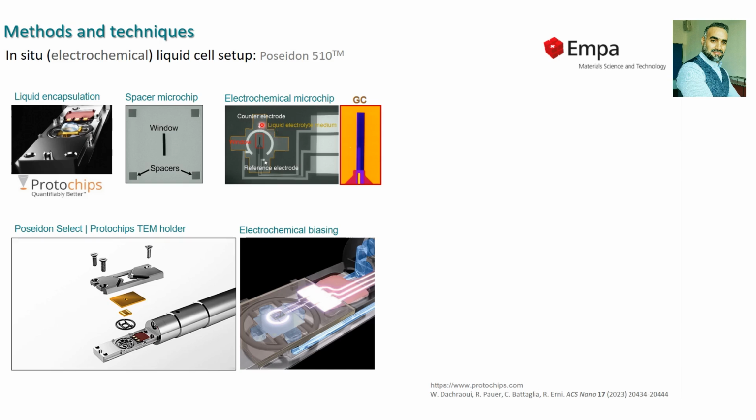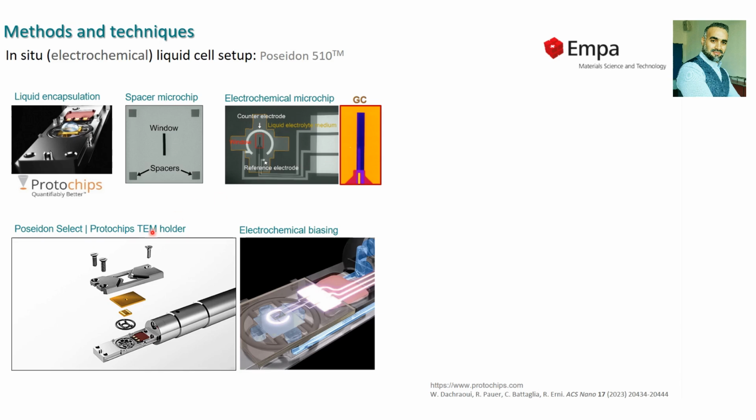Here we can see the counter electrode and the reference electrode, and the working electrode is in the middle at the silicon nitride membrane window where we can image using the electron beam.